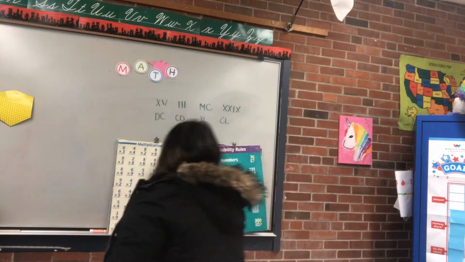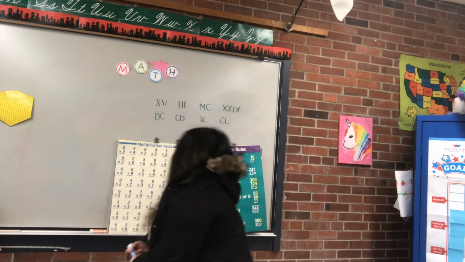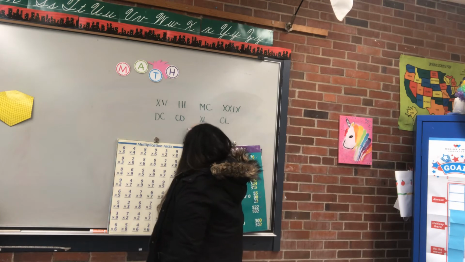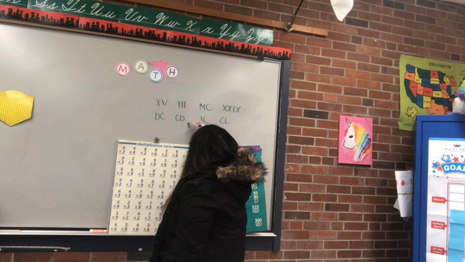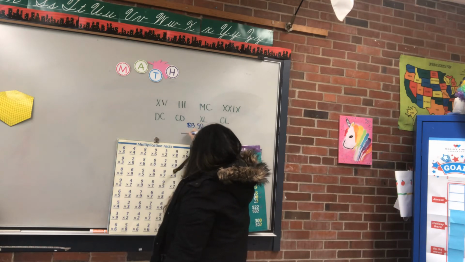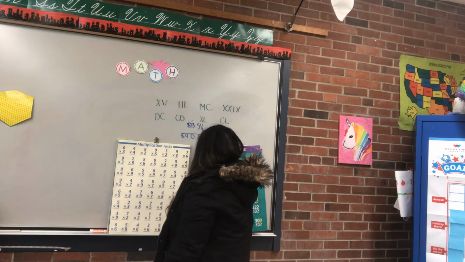So I have to figure out what is $13.50 plus $13.50 plus $13.50, or $13.50 times 3. And you would get $40.50. So that's your first answer. $40.50 is the paint cost.